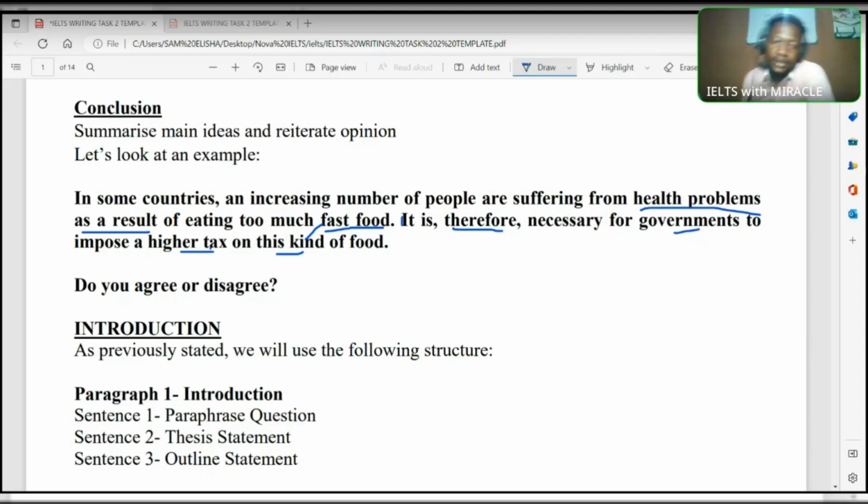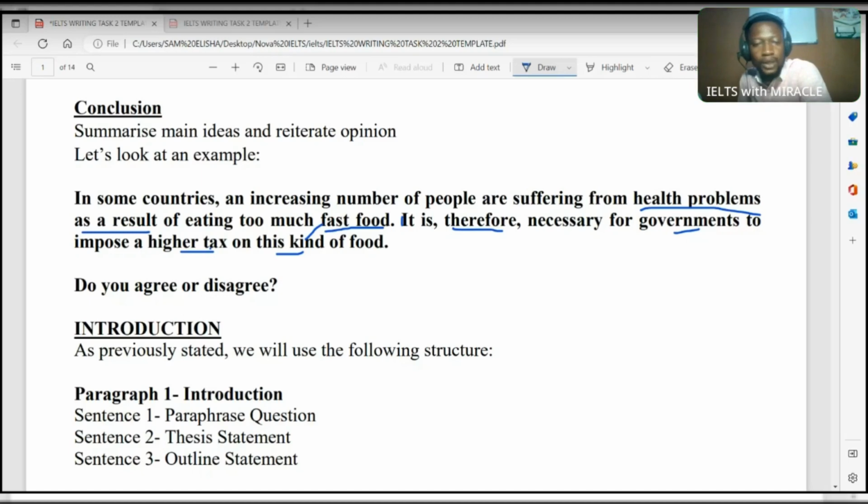If I disagree, I could have my points like, if there is high tax on fast food, a lot of people who depend on this food to survive will starve, and so there will be hunger, because fast foods are generally known to be cheaper.